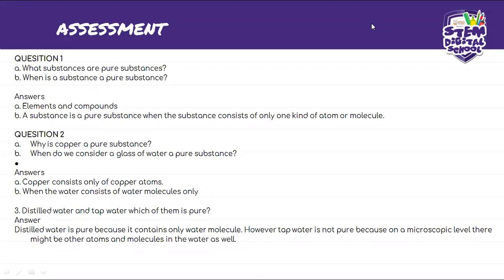Okay, compounds are mixed with things. Pure substances are not mixed with anything. Okay, all right, I can see that.